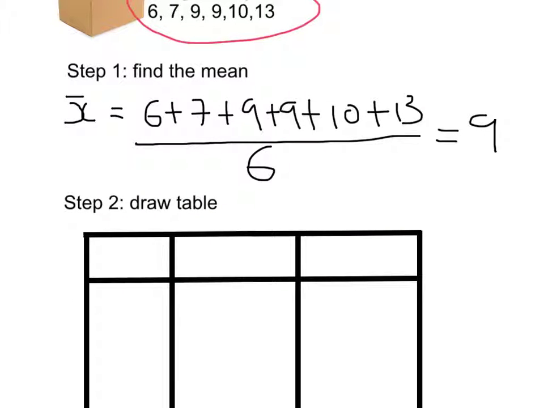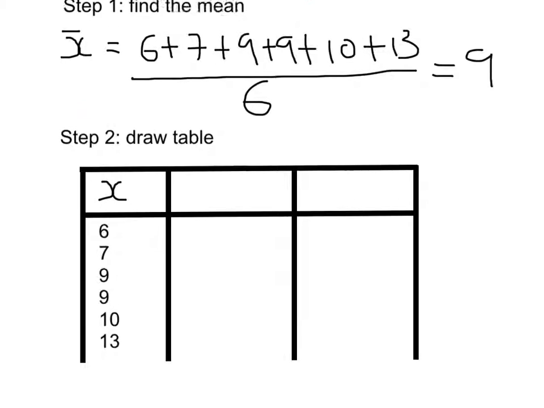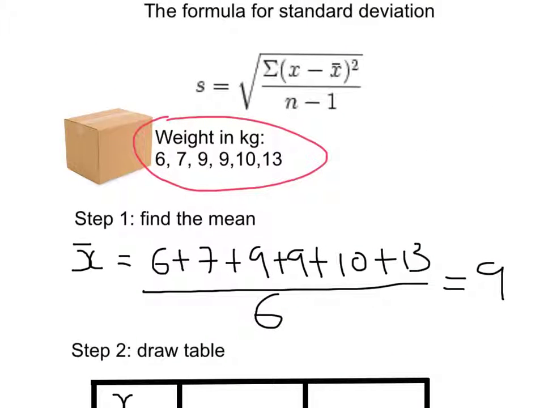Now for step 2 you have to draw a table with 3 columns in it, and in your first column you're just going to put X, and X is just the values, so we have 6, 7, 9, 9, 10 and 13. If we look at our equation, the first thing we're trying to do is find the difference between each value and the mean.